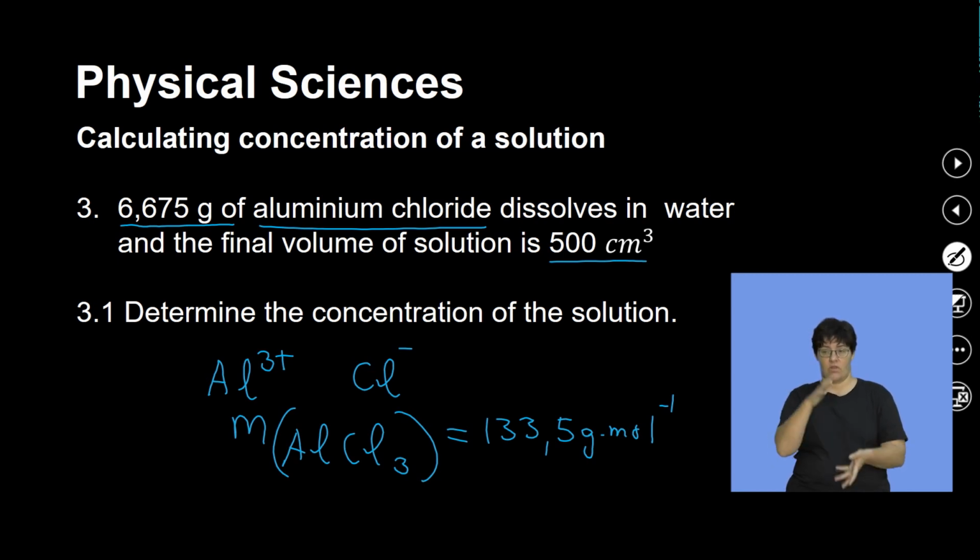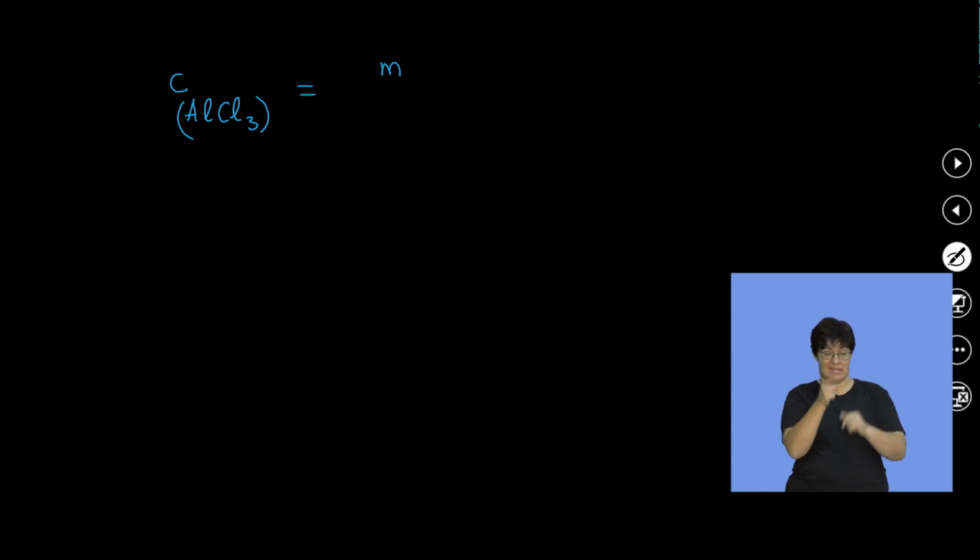We are given the volume and the mass. We are determining the concentration. So what do we know? The concentration of aluminium chloride is equal to the mass of the sample divided by the molar mass multiplied by the volume. So this is the formula.